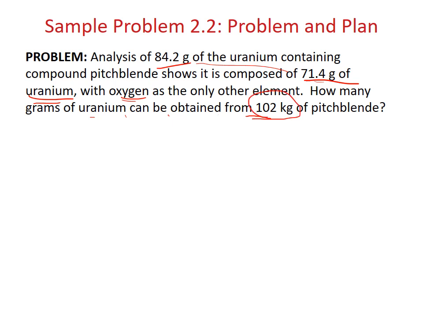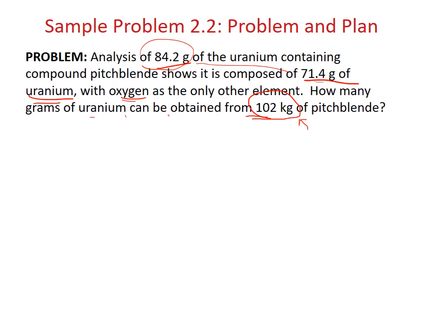So the question is, how many grams of uranium can be obtained from 102 kilogram of pitchblende? Here we have a small sample, which is 84.2 gram of the uranium-containing compound, and here we have a large sample.